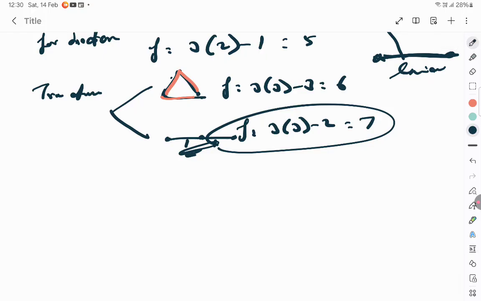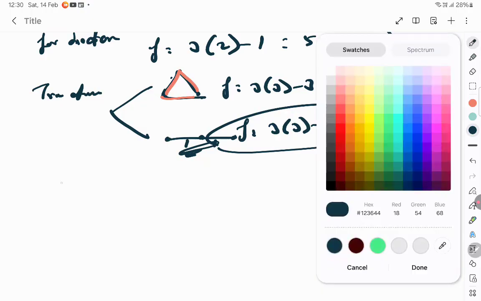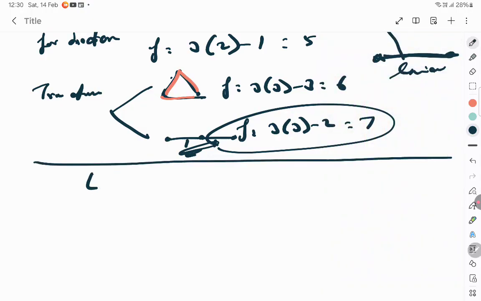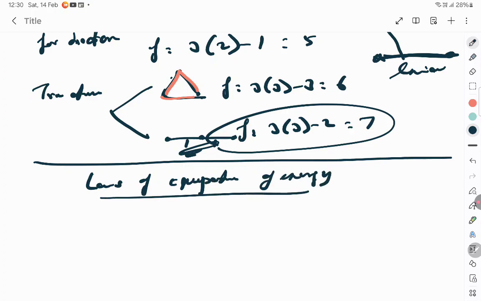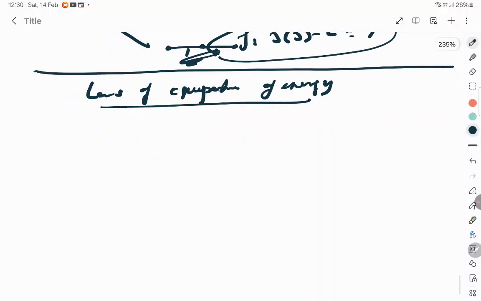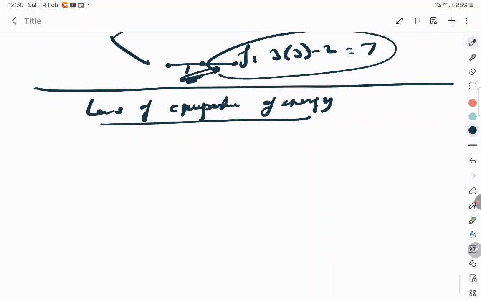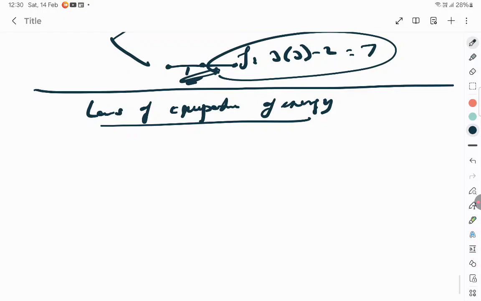Then I'll teach you something which is very important. So then therefore, next is equipartition, law of equipartition of energy. This is a very important topic. There's just kinetic energy, as you know, and the formula for a monoatomic is 3 by 2 kBT.